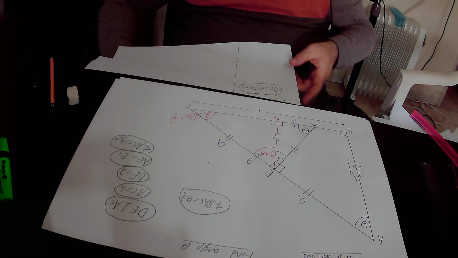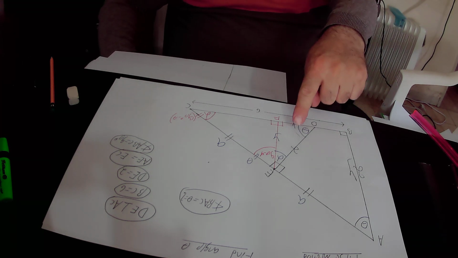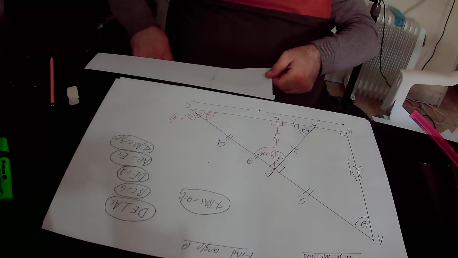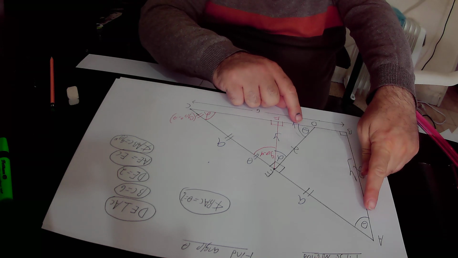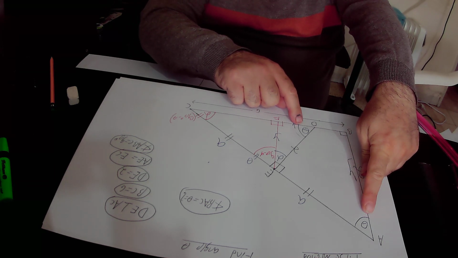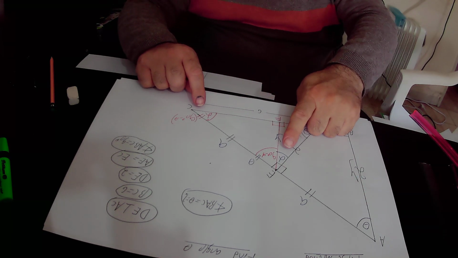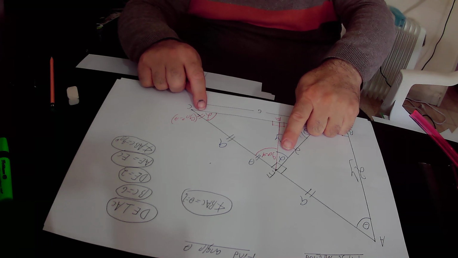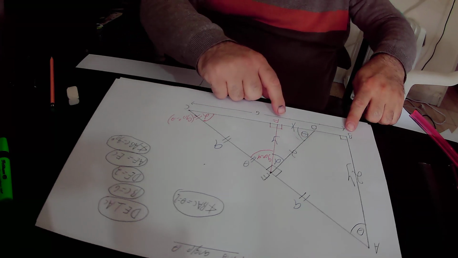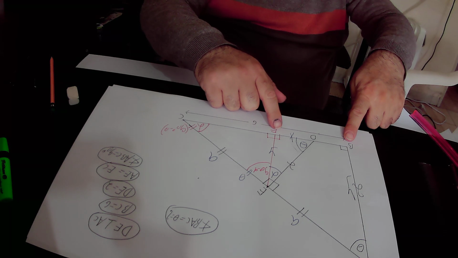So we prove that all the angles of triangle ABC are equal to all the angles of triangle EDF. Why? Because those two angles are equal to each other, they are both equal to theta. Those two angles are also equal to each other because they are both equal to alpha. And those two angles are equal to each other because they are both equal to 90 degrees.